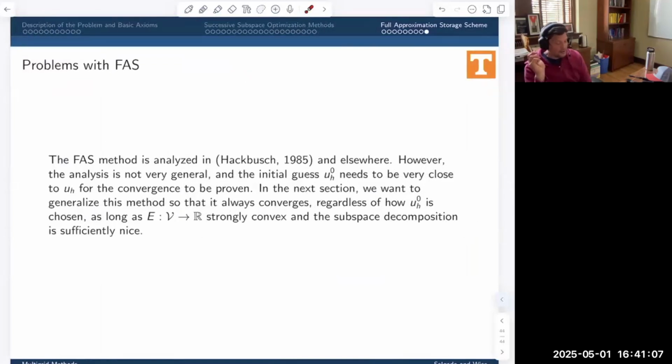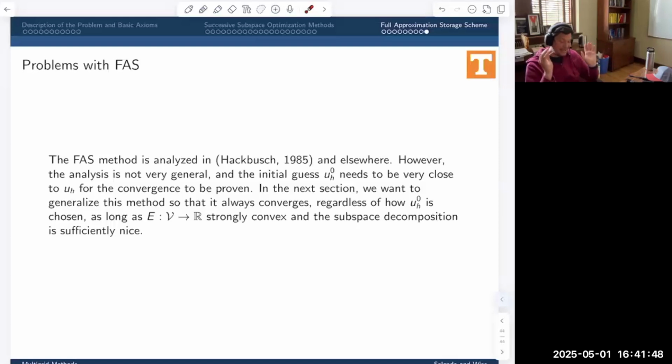So now there are some problems still with FAS. It turns out it gives us a method of computing the solution to this optimization problem, in other words, solving this nonlinear system of equations, without having to worry about the fact that we've lost the error residual relationship that was so useful to us when we constructed and analyzed the linear two-grid method.